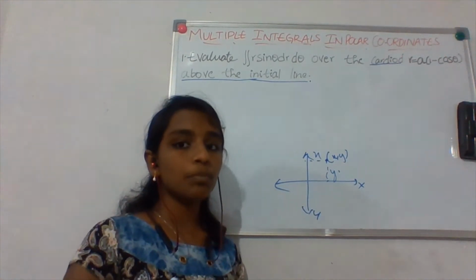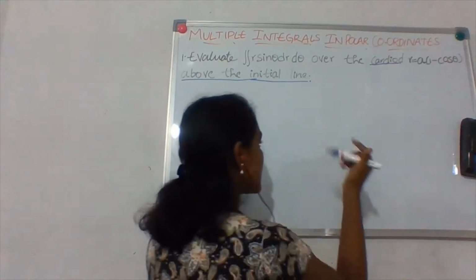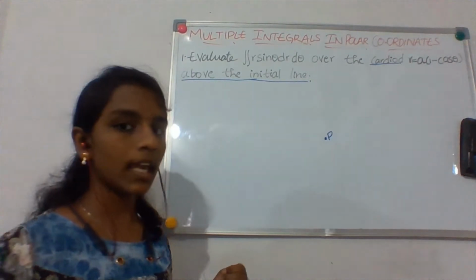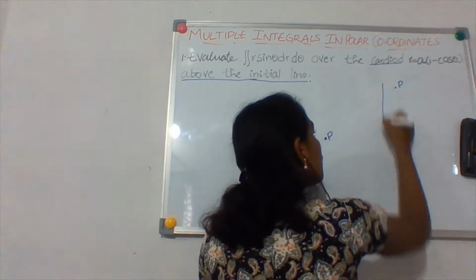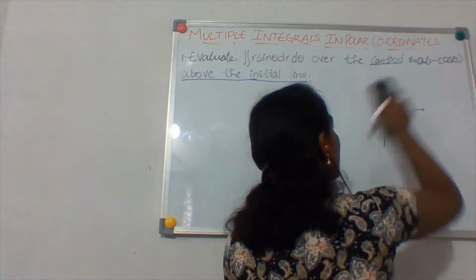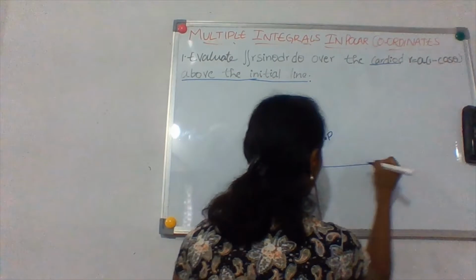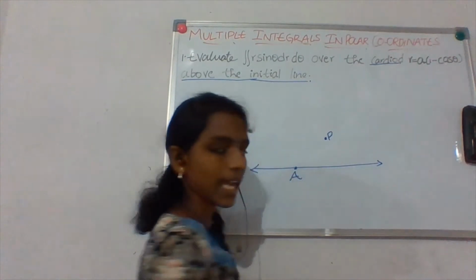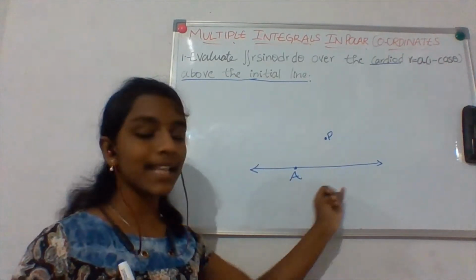But coming to polar coordinates, how do you represent it? Let me think that this point is P. According to polar coordinates, just as in the Cartesian plane you first draw the x and y axes as reference axes and then represent the point, in polar coordinates I have to take an initial line and then a reference point, let us say the reference point is A. In polar coordinates, we take one reference line and a reference point.